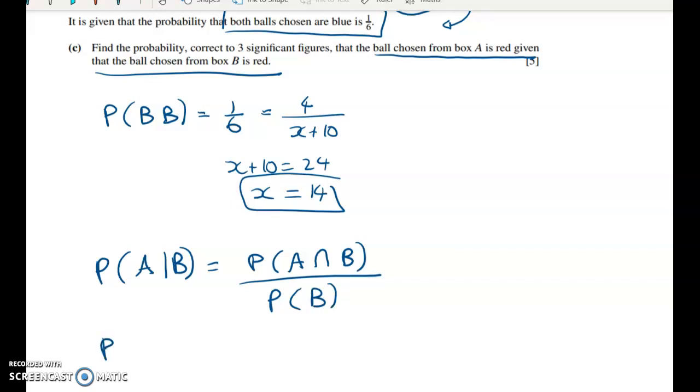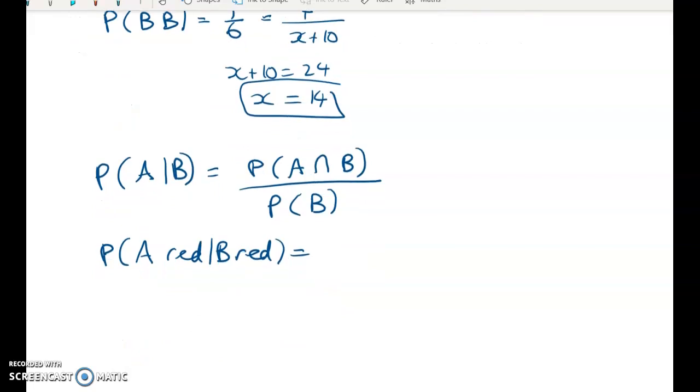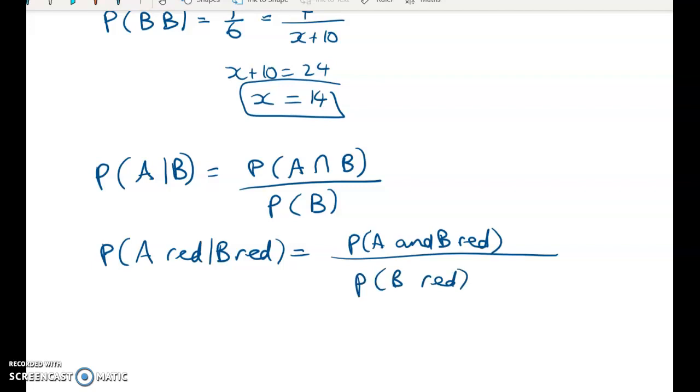So what we're trying to find is the probability that A is red, given that B is red. In the numerator, we've got to find the probability that A and B are both red, and in the denominator, we're just finding the probability that B is red.